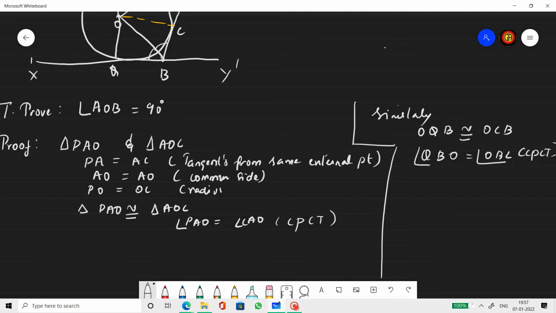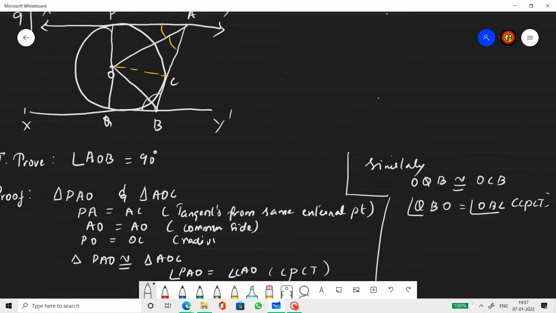So once we get this angle equal to this angle, this whole angle can be written as twice of this angle. Therefore, QBC can be written as 2 times CBO.